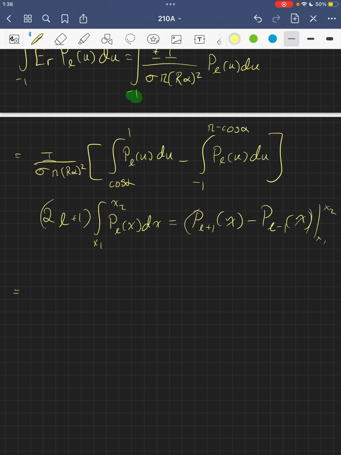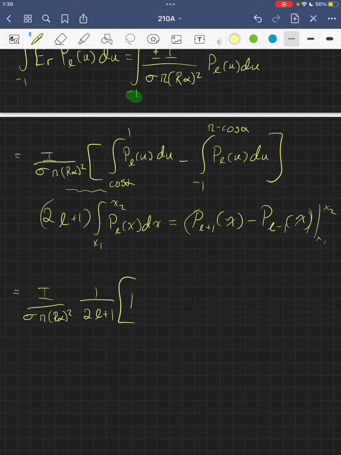So, what does that look like? Well, first of all, we're going to divide by that 2L plus 1 term, because we don't have that up here, so we have to divide that out.